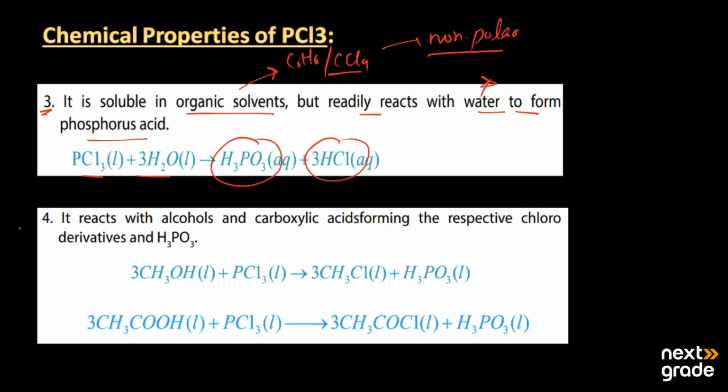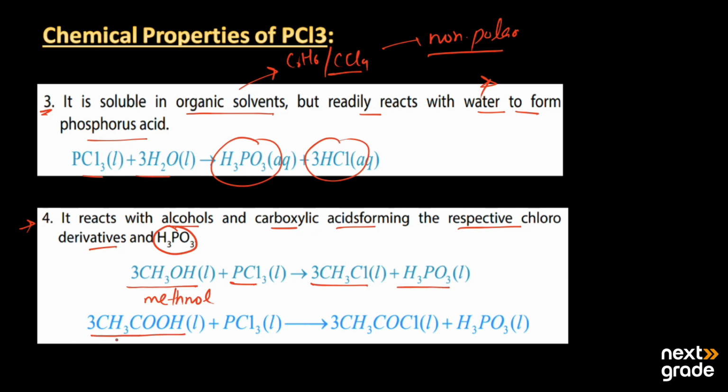The fourth reaction is that it can react with alcohols and carboxylic acids, forming the respective chloro derivative and phosphorus acid. Here we have the alcohol methanol, and with phosphorus trichloride it produces methyl chloride and phosphorus acid.